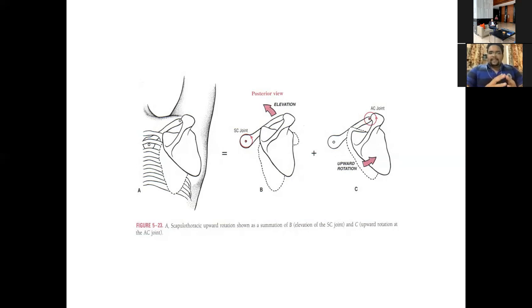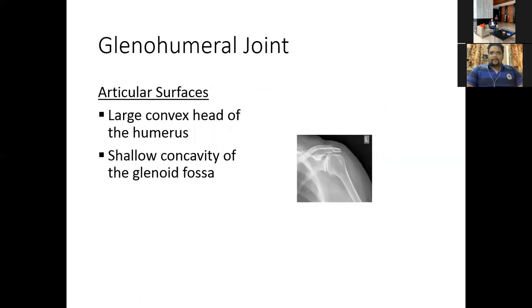Friends, it is very important to understand and keep in mind these summative motions causing motion at the ST joint to understand the scapulohumeral rhythm. Now, moving directly to the glenohumeral joint. What is the glenohumeral joint? It is the large complex head of the humerus inside the shallow concavity of the glenoid fossa.